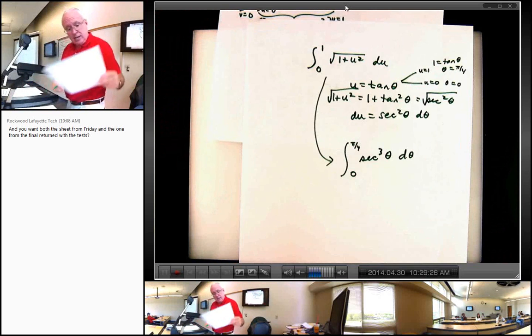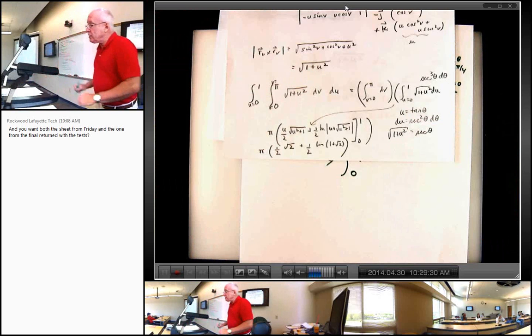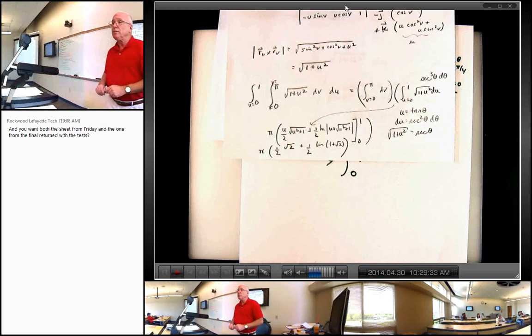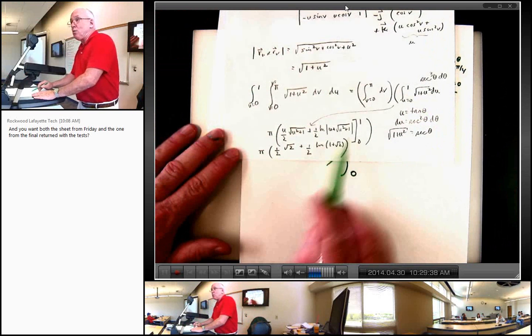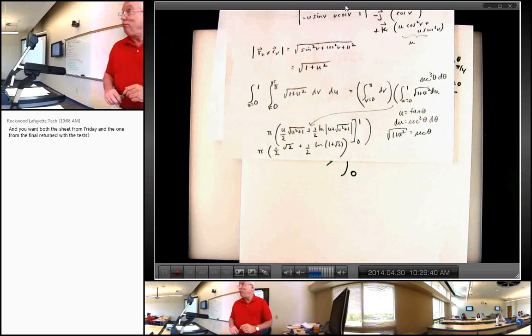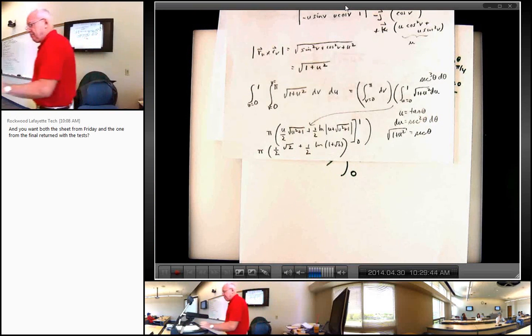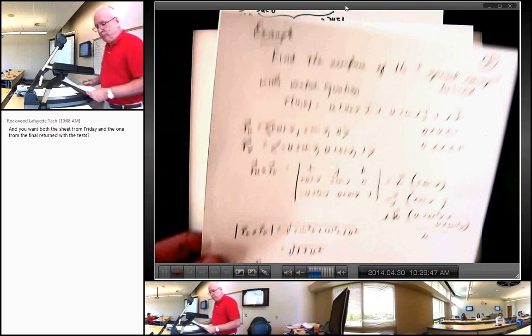Here's actually the nice, for those of you who are interested, the nice complicated formula for the antiderivative of the square root of 1 plus u squared, this whole thing right here. Right, I know. That's a little bit too much for this time of year, okay?